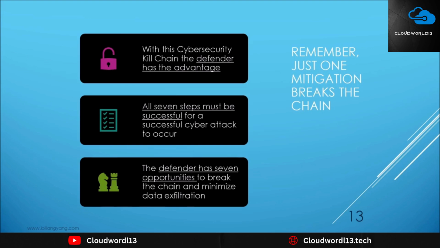And from there on, they could immediately get access to many of your accounts and credentials. That could be a very quick way, because on point number 2, all 7 steps must be successful for a successful cyber attack to occur. But that's not always the case, because once you've got usernames and passwords, you could morph your attack into other ways or other objectives in order to gain other kinds of sensitive data.